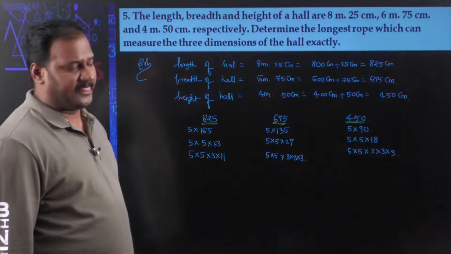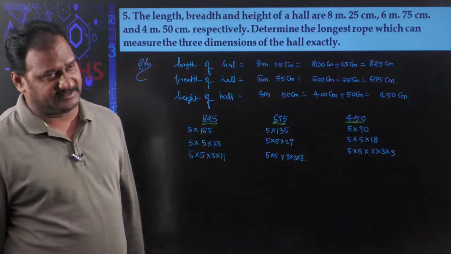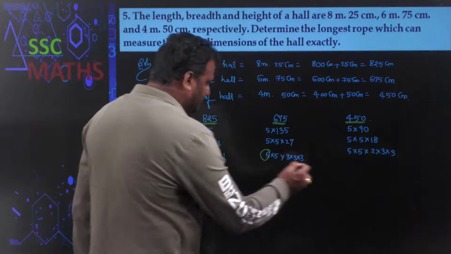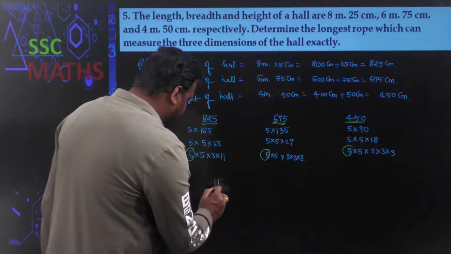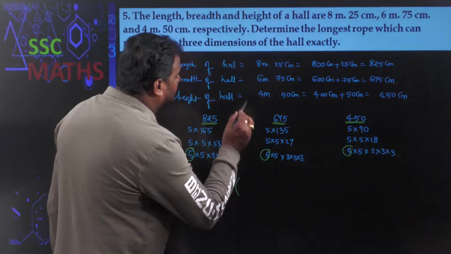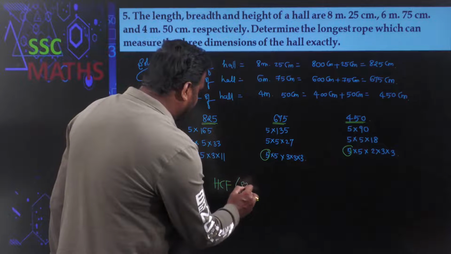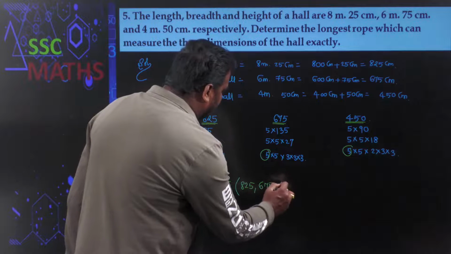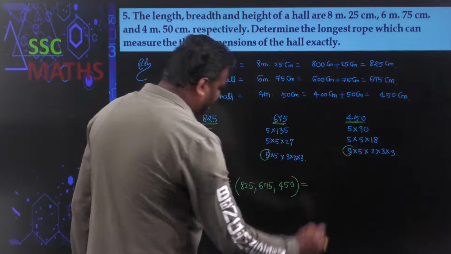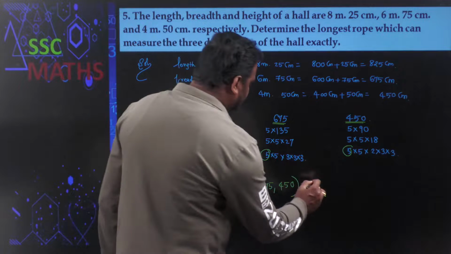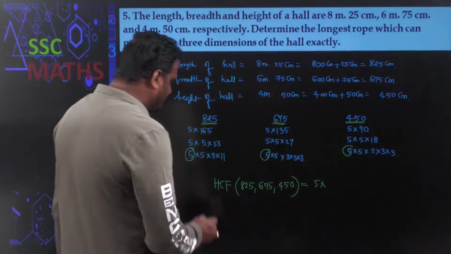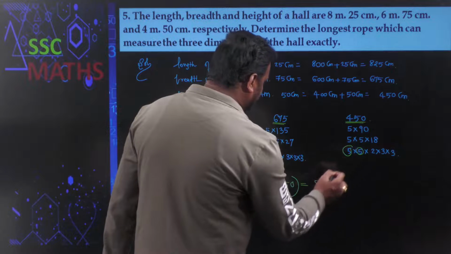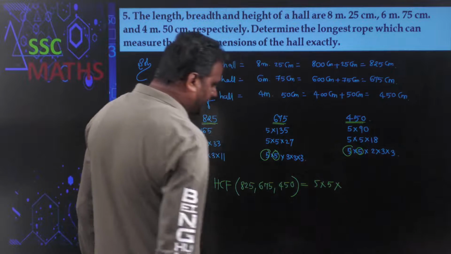Let us pick up the common factors from all three. 5 is available in each, and one more 5 is a common factor.